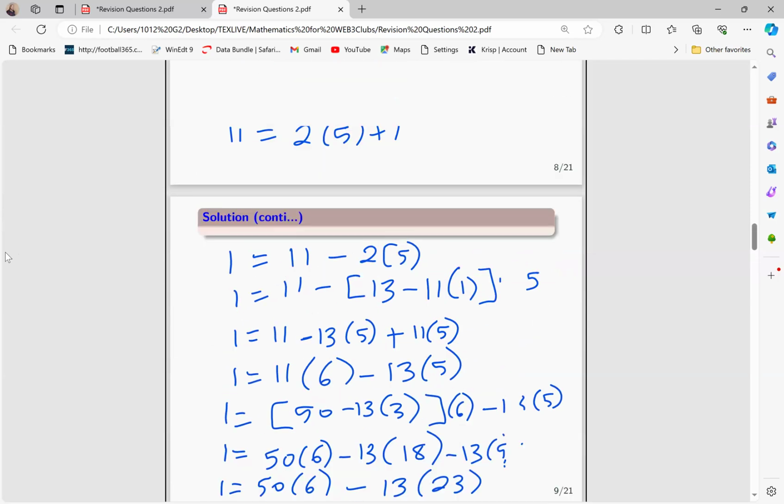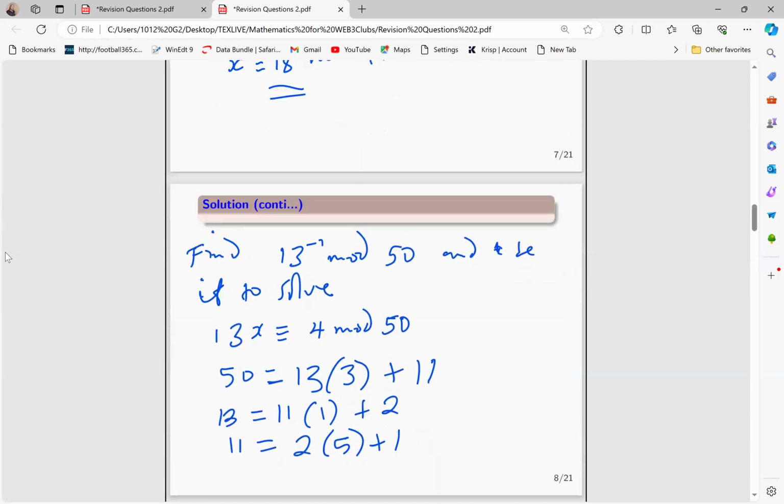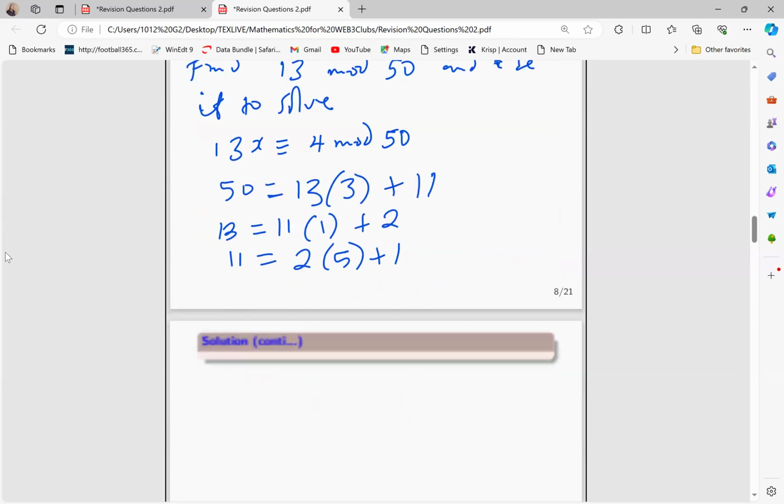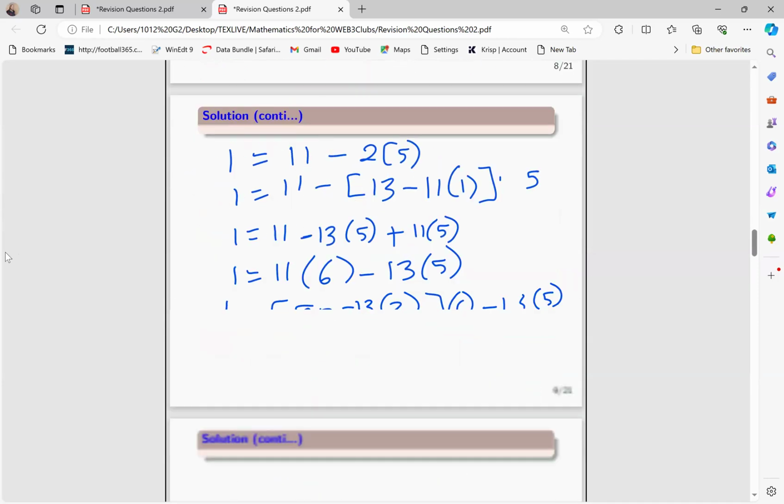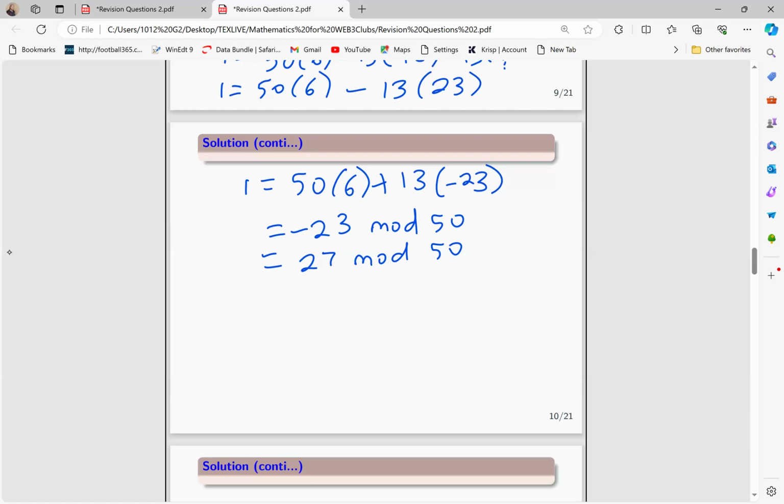So now to solve 13x is congruent to 4 mod 50, we'll multiply both sides by the inverse of 13.